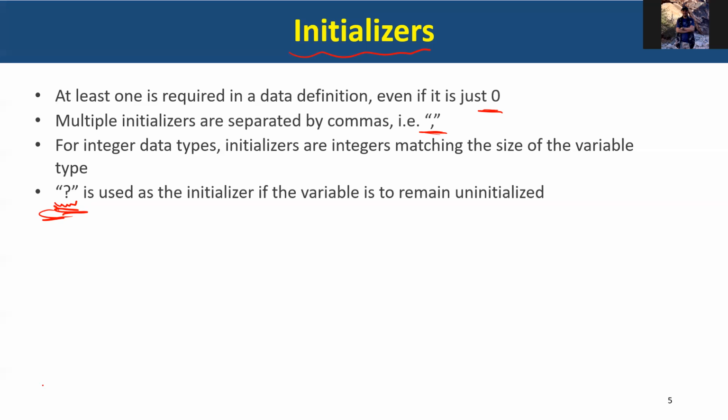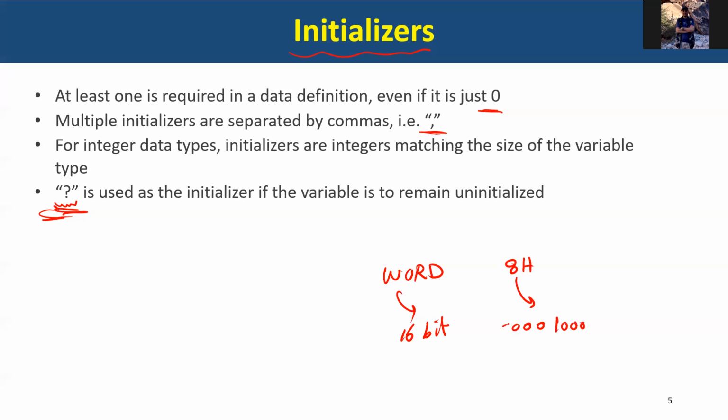It's very important to note that when you have some type, for example WORD, the initializer should match it. The value that you put should be less than or equal to the size of the variable. For example, if you define a variable as a WORD, which means 16 bits, you can put 8 hexadecimal, because 8 is basically 4 bits.